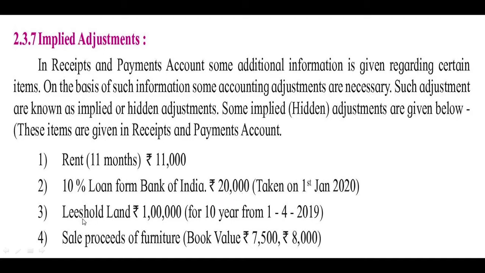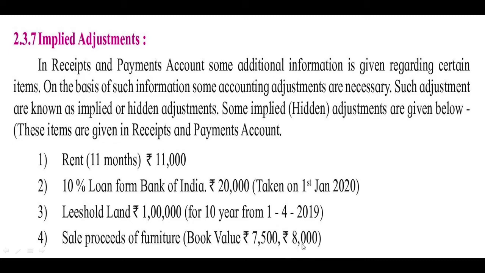Then leasehold land rupees 1 lakh for 10 years taken from 1st April 2019. So 1 lakh divided by 10, 10,000 is the depreciation for this land. Then sale proceeds of furniture, book value 7,500 and sold for rupees 8,000. So 8,000 is the selling price.